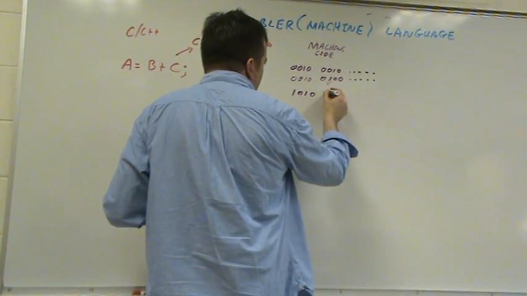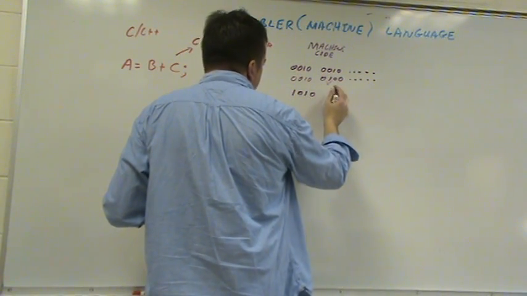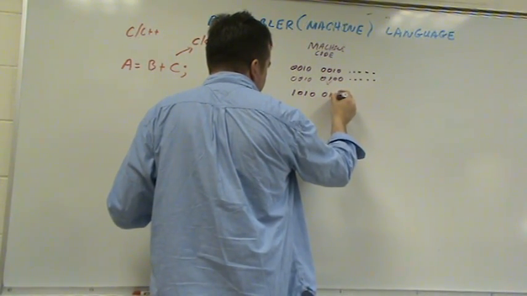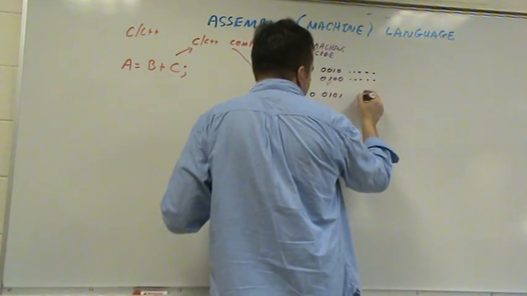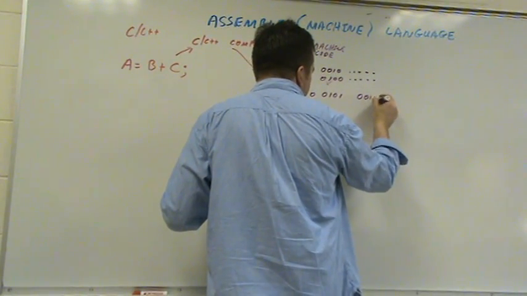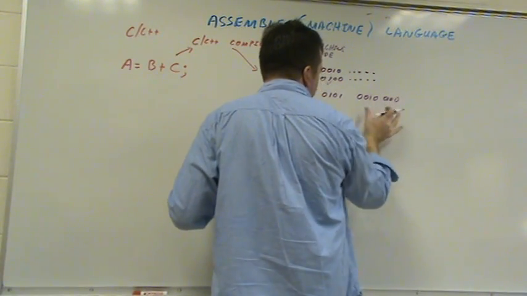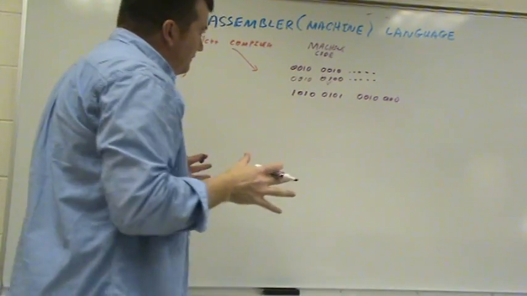And then maybe we store the results into register 5, 0, 1, 0, 1. The contents of register 2 and the contents of register 4 get added together and put into 5, right?